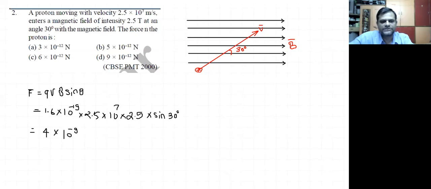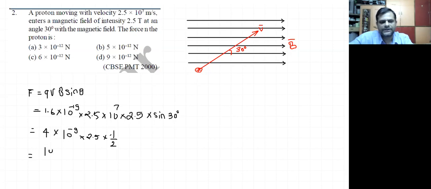So this is 10 raised to minus 9, and this 2.5 is just kept as it is here, and sine of 30 will be half only. So here it is going to be half. Again, we can just say that this 4 into 2.5 comes out to be 10 actually.